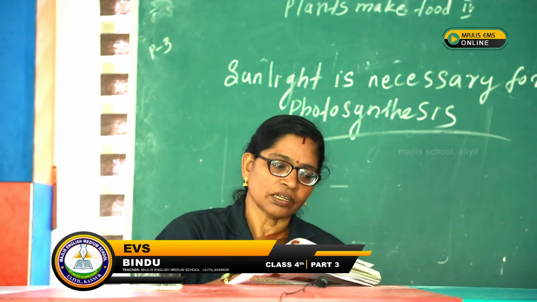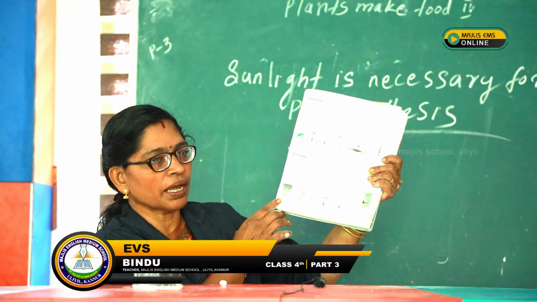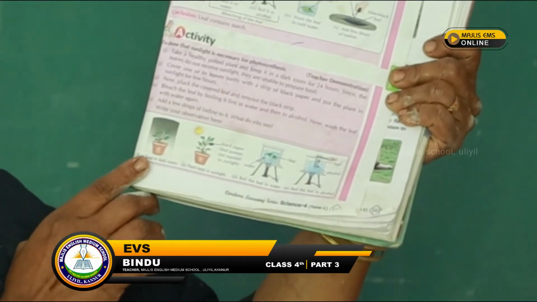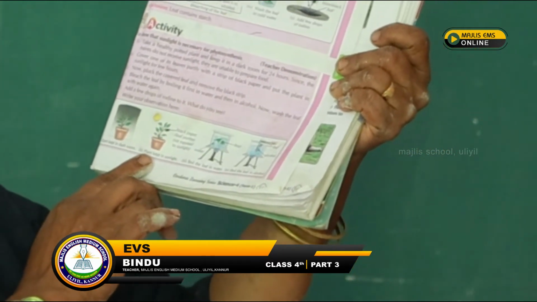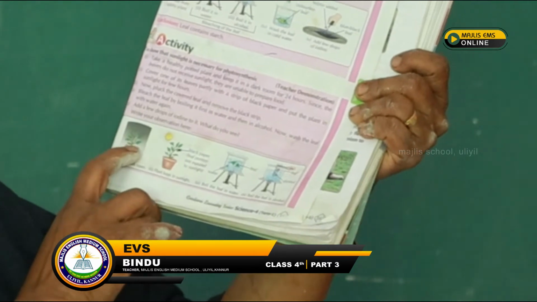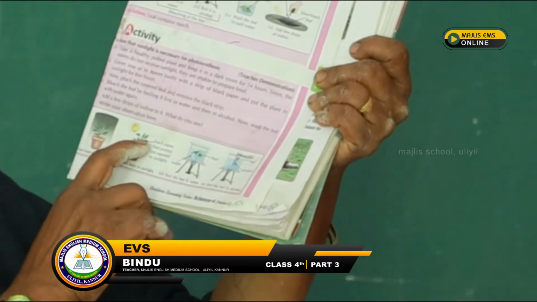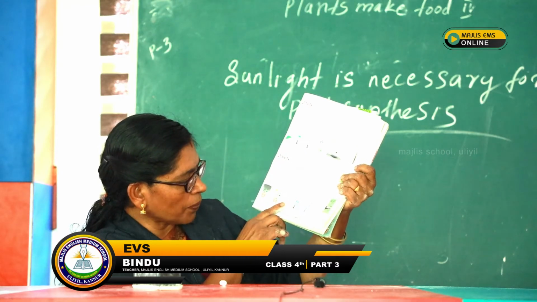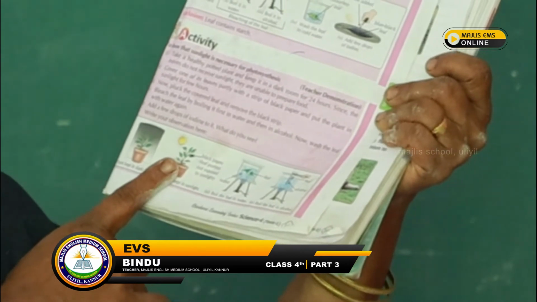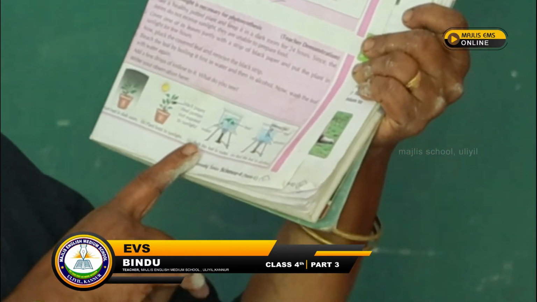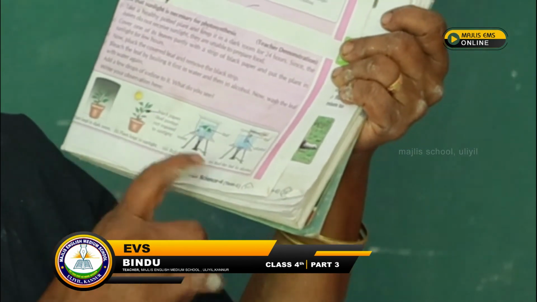Okay, now let us watch here. You take a healthy plant and keep it in a dark room. Can you see it? Okay, then the plant is kept in sunlight. When you put black paper on one of the leaves, then you pluck the leaf and the bleaching process is going on.